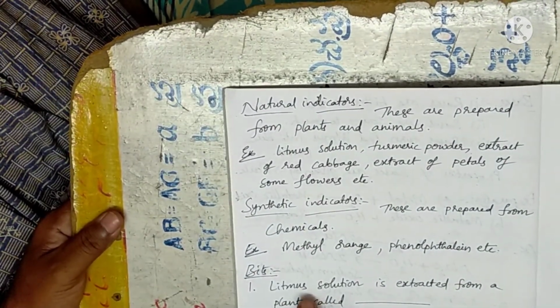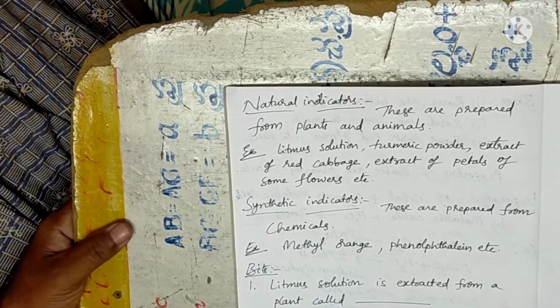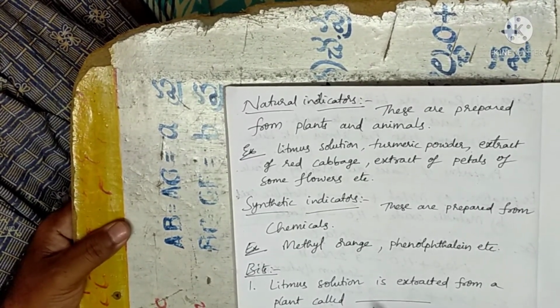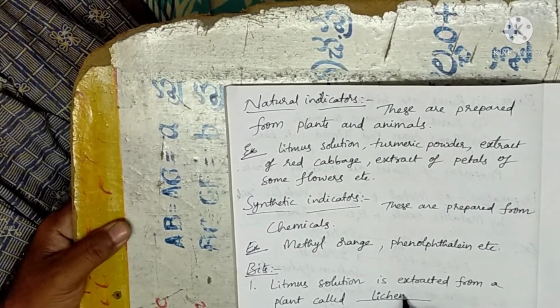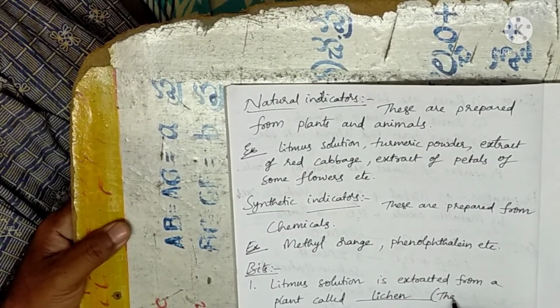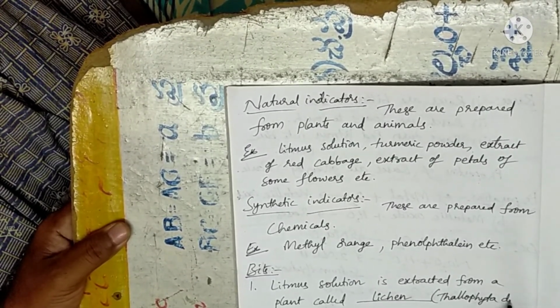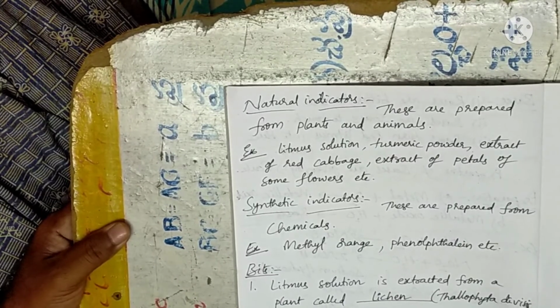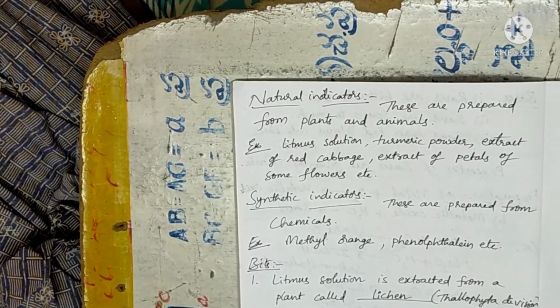So here also it is asked: litmus solution is extracted from a plant called dash. The answer is lichen, which belongs to the Thallophyta division.